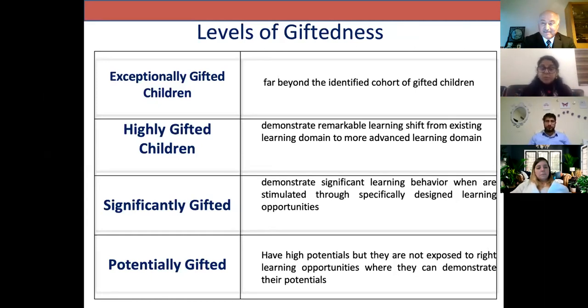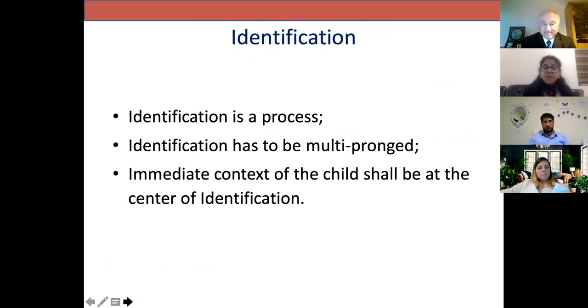So within the talent pool we identify at the base level, when we are mentoring them, we can see the difference in the developmental pattern of their learning behaviors. I'll show you how it works. Another premise we worked with: identification is a process.